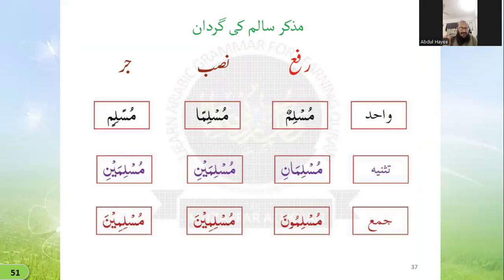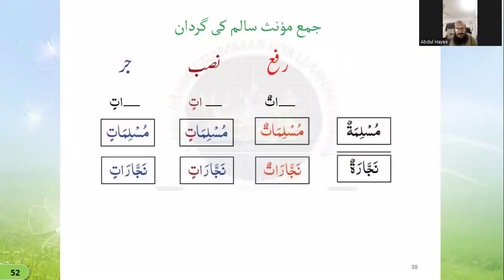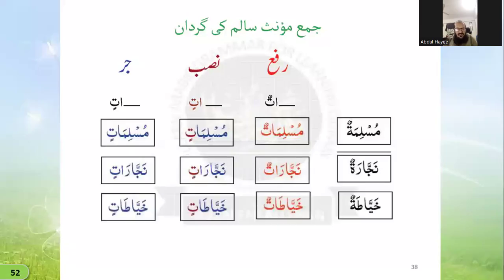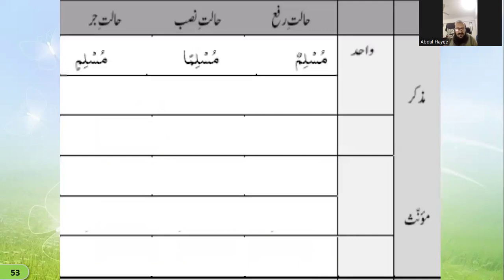If I want to make feminine, what do I do? I put the round ta at the end, just like Muslimatun, Najaratun. The masculine singular is Muslimun, Musliman, Muslimin. Dual: Muslimani, Muslimaini.